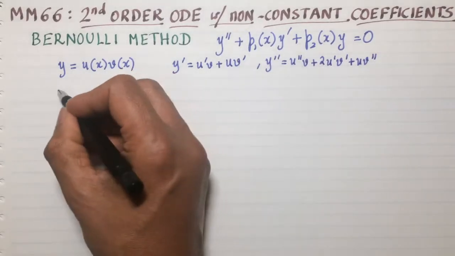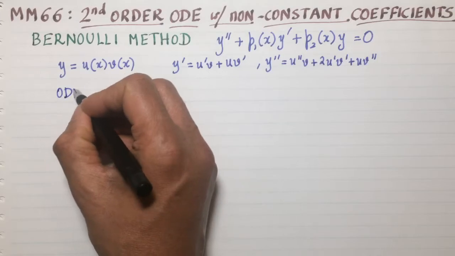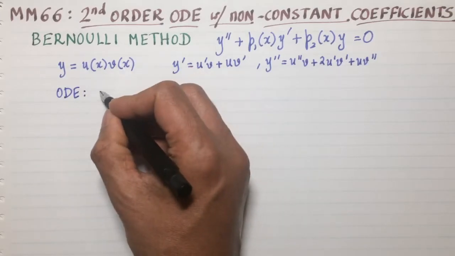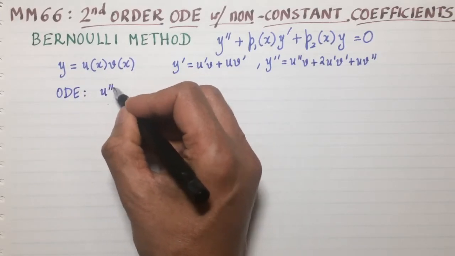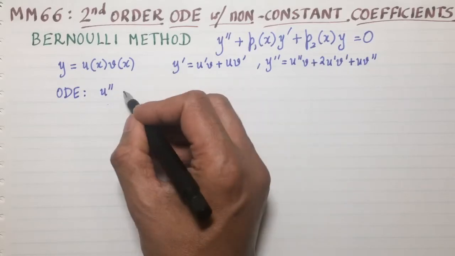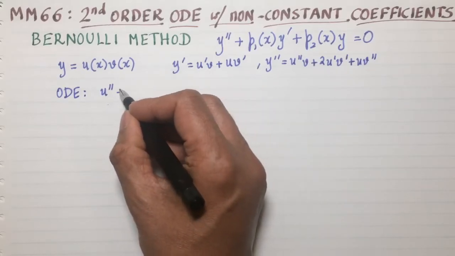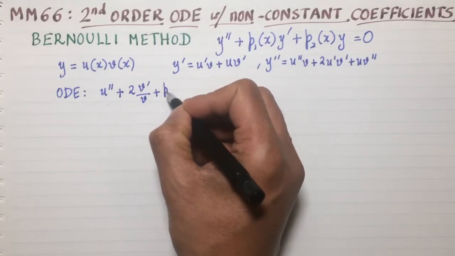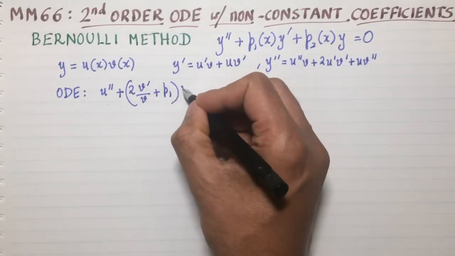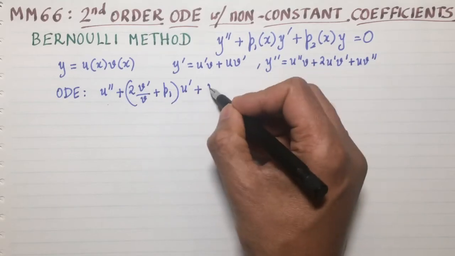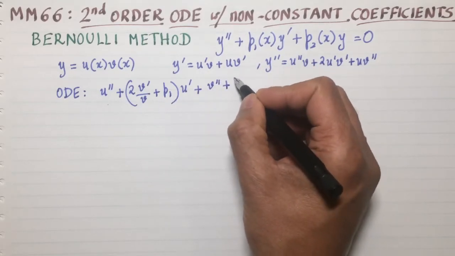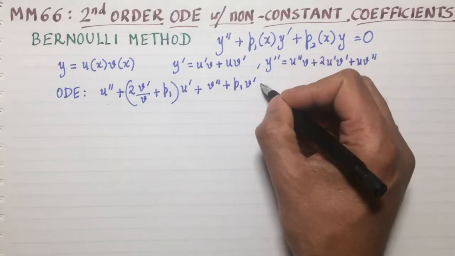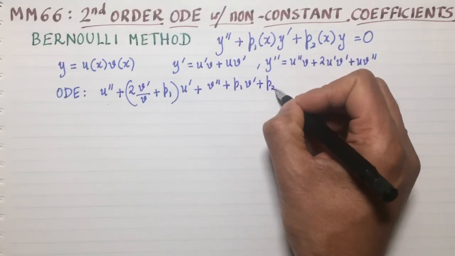So the original ordinary differential equation under this condition becomes the following: u double prime, and I divide both sides by v, so I end up getting (2v prime over v plus p1) u prime plus (v double prime plus p1 v prime plus p2 v).